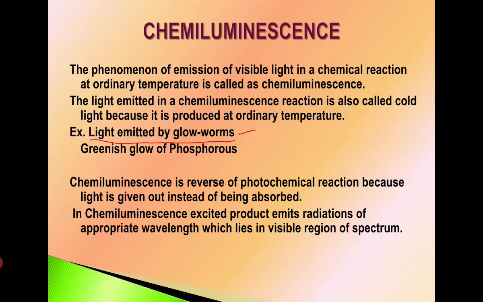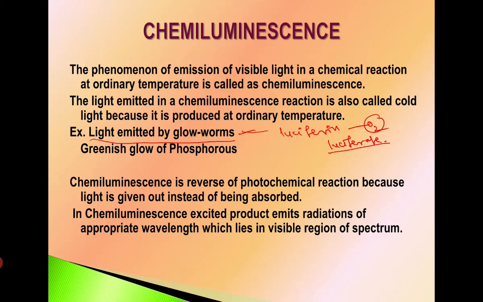This is due to the oxidation of the protein luciferin by atmospheric oxygen in the presence of the enzyme luciferase. So here in glowworms or fireflies, the luciferin protein present in them is oxidized by atmospheric oxygen in the presence of the enzyme luciferase.